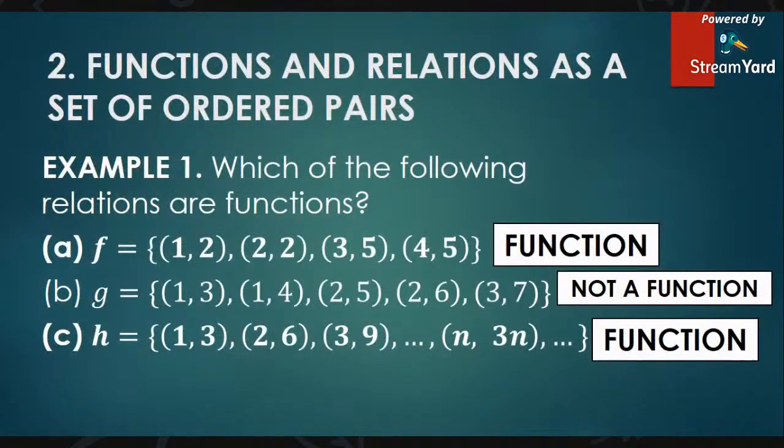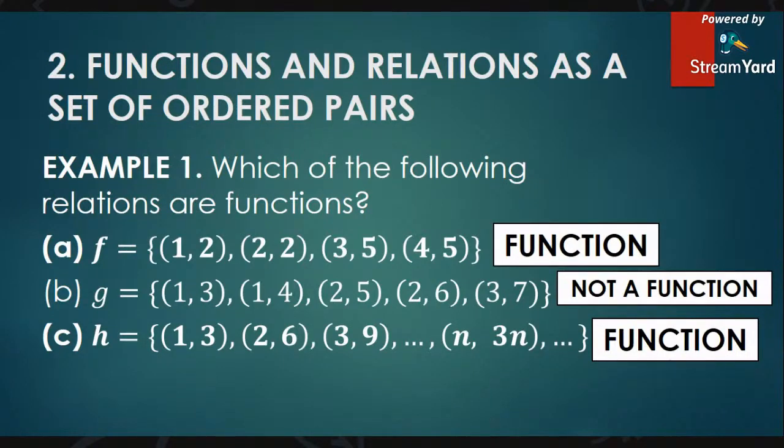Okay, next, letter C: (1, 3), (2, 6), (3, 9), ellipsis, and (n, 3n), then an ellipsis again. This means our given set of ordered pairs continues, it is infinite, without end. Sir, why is there n and 3n? The n and 3n will be our basis for what follows.